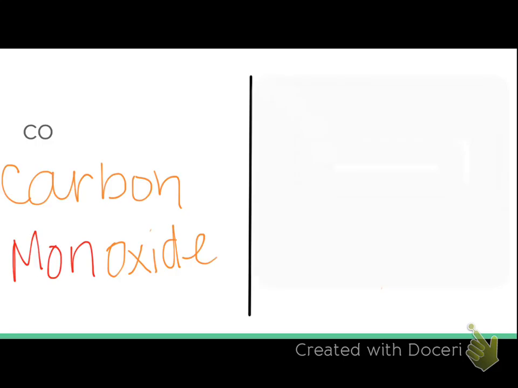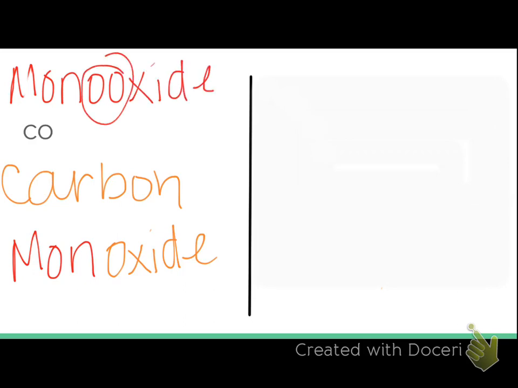All right, let's take a look at this first one first. So CO, you should have gotten carbon monoxide. Now, if you wrote monooxide like this, you're probably thinking, that looks really funny.